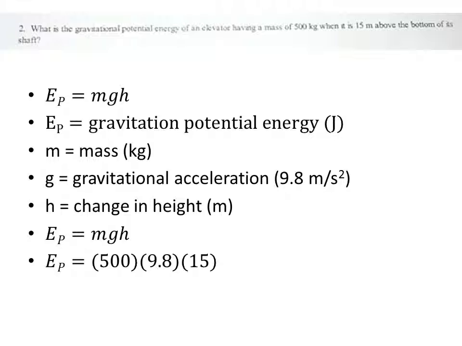So now we just simplify. 500 times 9.8 times 15 is equal to 73,500. So the final answer is that the gravitational potential energy of an elevator having a mass of 500 kilograms when it is 15 meters above its shaft is 73,500 joules.